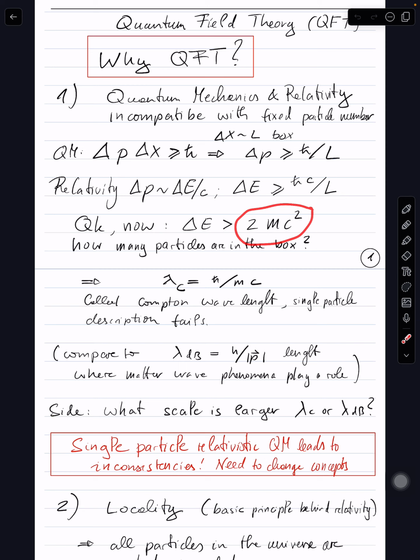If you remember from relativity, mc squared is the rest energy of a particle with rest mass m. And something fundamental happens when this inequality is saturated.